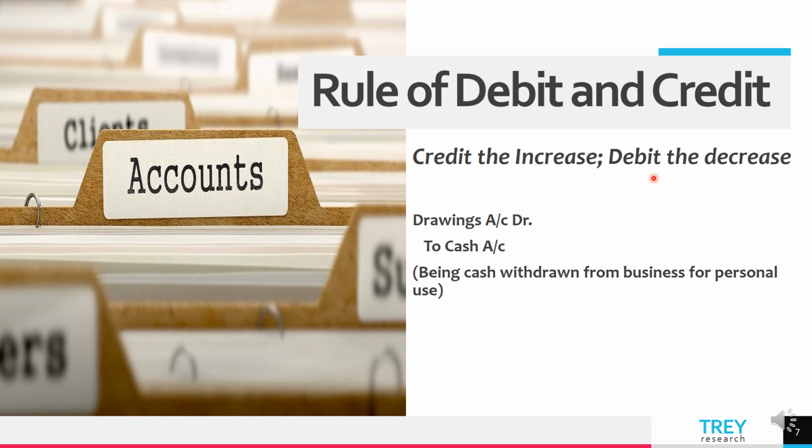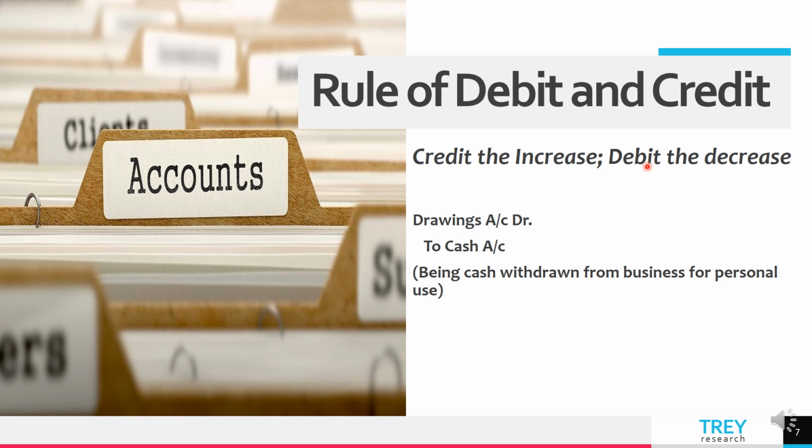That is, so that the balance of the capital account does not fluctuate frequently, we do not touch it, and rather we create another account called drawings account. So here again, we are crediting the increase and debiting the decrease.